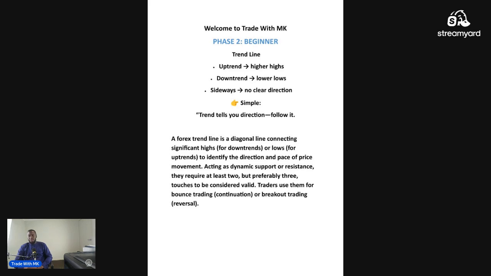Acting as dynamic support or resistance, they require at least two, but preferably three touches to be considered valid. Traders use them for bounce trading, continuation or breakout trading, and reversal. Those are the three strategies most people use trendlines to trade on.